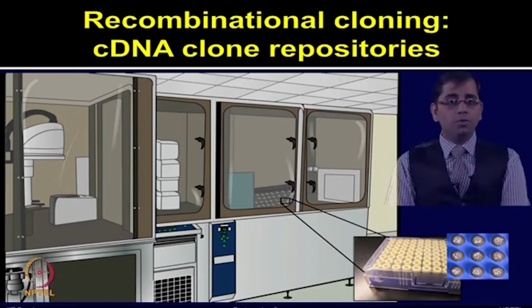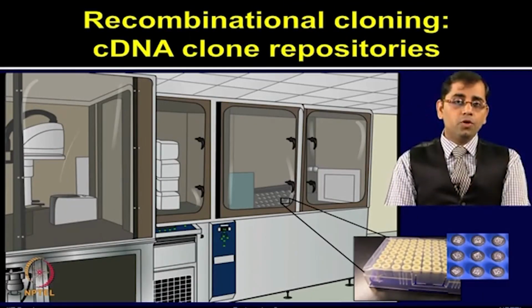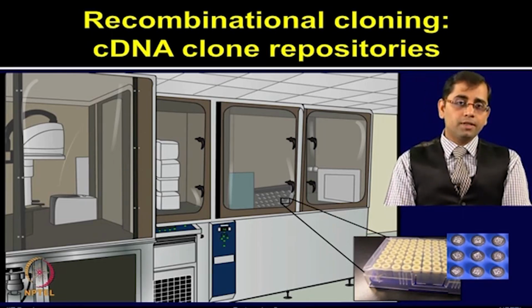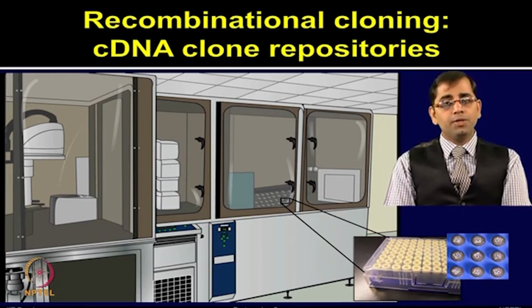Here is an image shown to explain the functioning of cDNA clone repositories. The throughput of protein microarray experiments makes sorting these clones tedious. Thorough documentation or automation is very essential to identify a clone of interest within such a large repository.